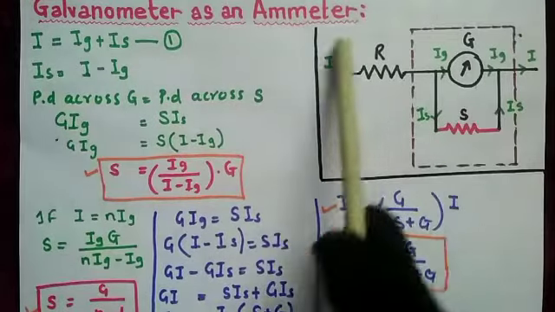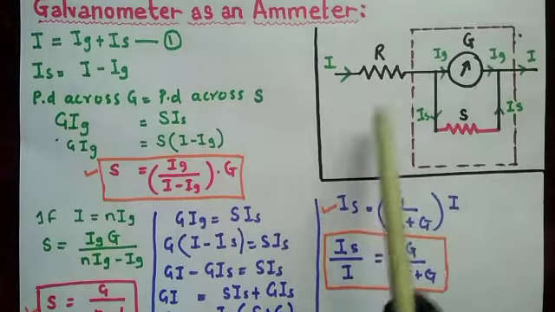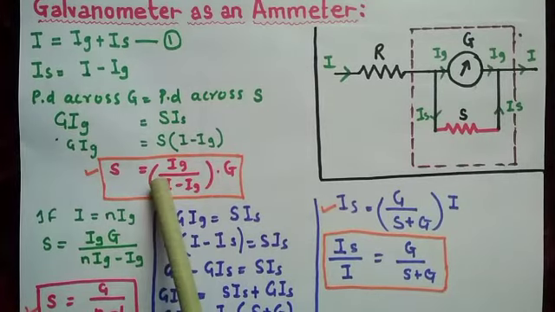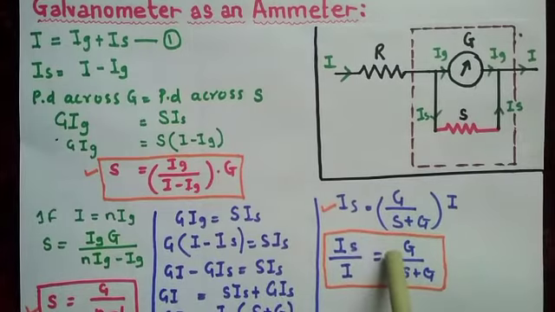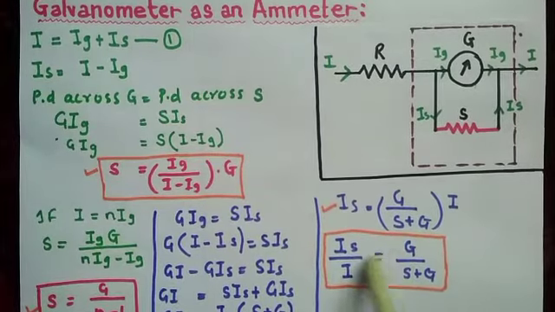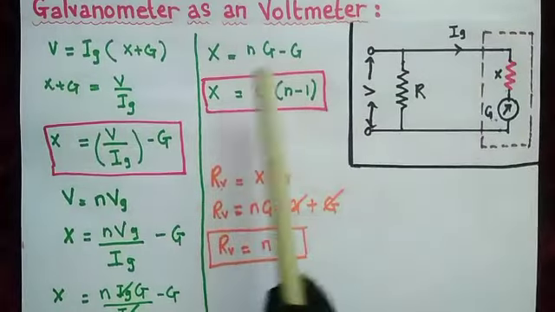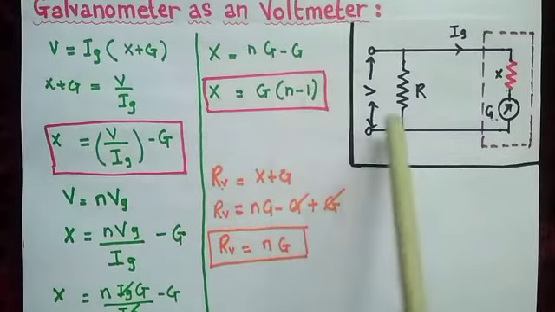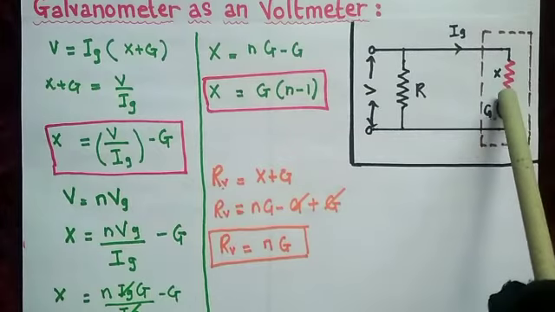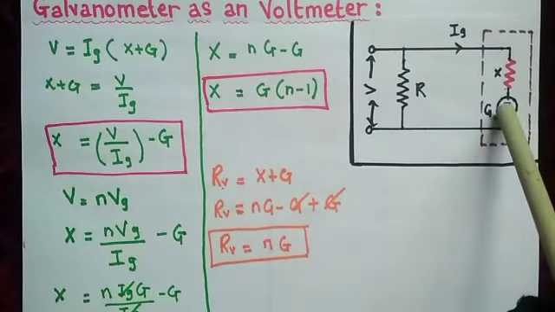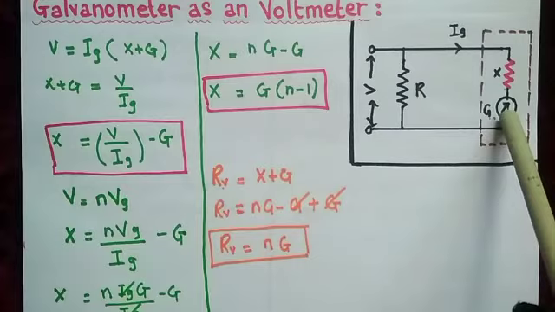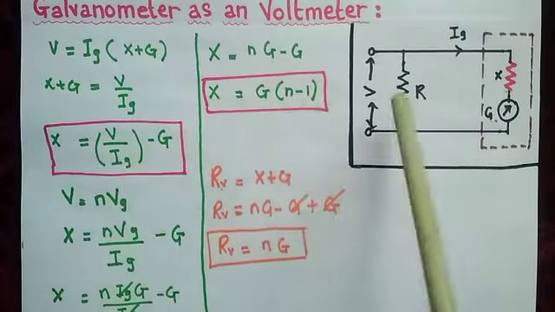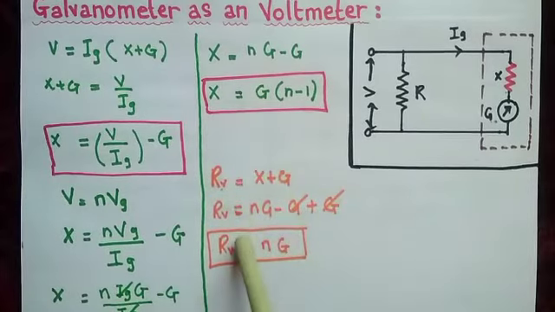How we can use the galvanometer as an ammeter, we have already studied, and we have the final formulas that we derived. Then we studied how to convert a galvanometer into a voltmeter. By connecting a resistance in series with the galvanometer, it can be converted into a voltmeter. For the same we have derived these formulas.